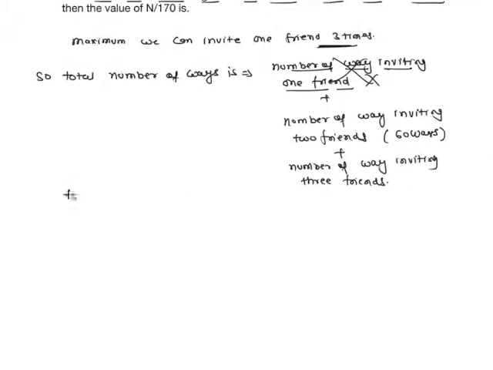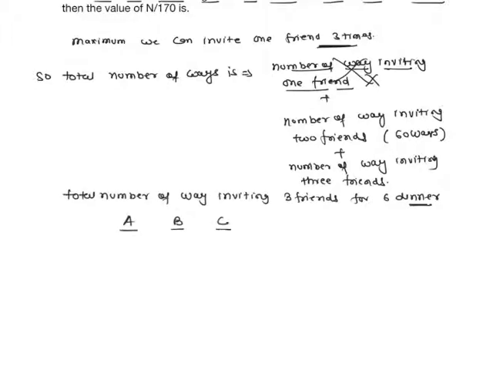Next is total number of ways inviting 3 friends for 6 dinners. So that is A, B and C. So we can invite A, B, C for 6 dinners, like A is invited 1 day, B is invited 2 days and C is invited 3 days.